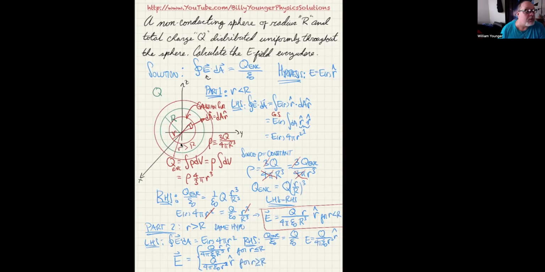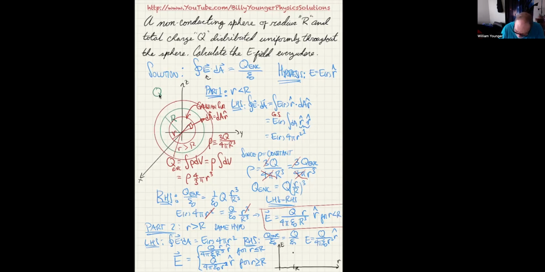And in fact, if we were to make a quick graph of its magnitude, it would be quite easy. Let's do that for a second. I'm going to make this the y-axis and this the r-axis. So this will be the electric field. And for the distance r, basically what we see is the electric field is going to be linearly related to the radius.